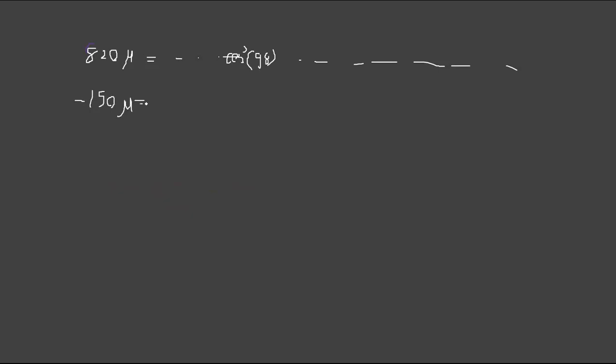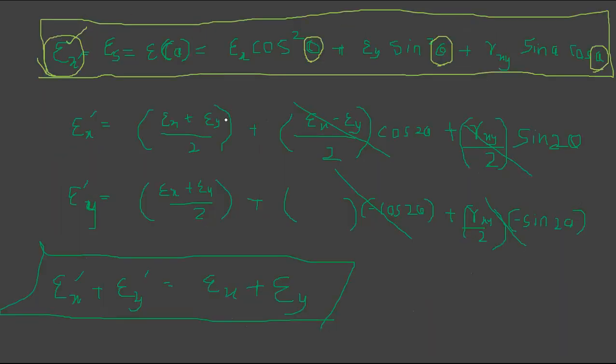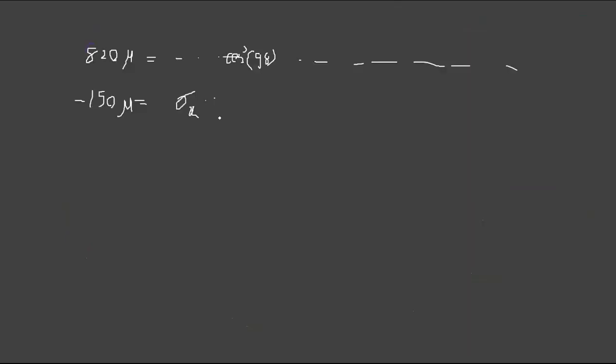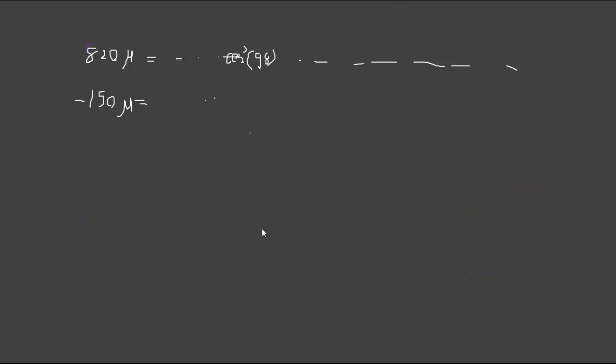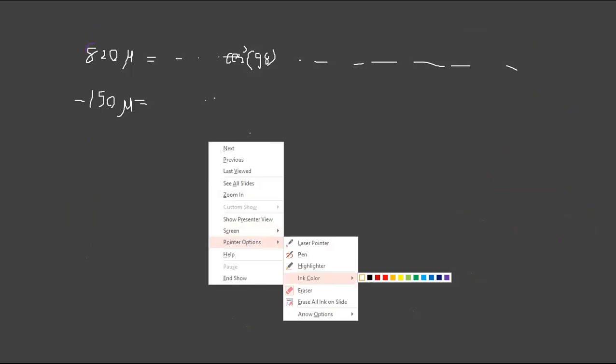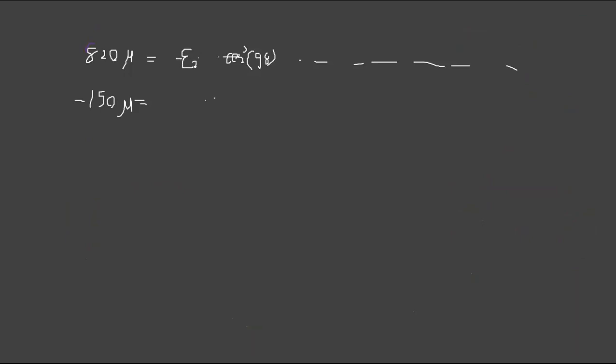Mu, sigma x. So is it sigma x? No, sorry, epsilon of x. This is epsilon naught x into something, then epsilon y into something plus gamma xy into something.